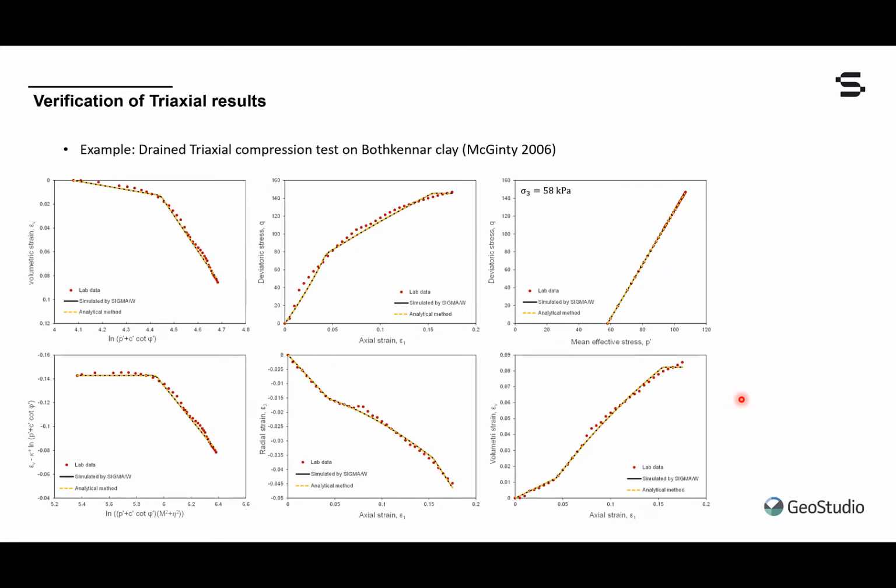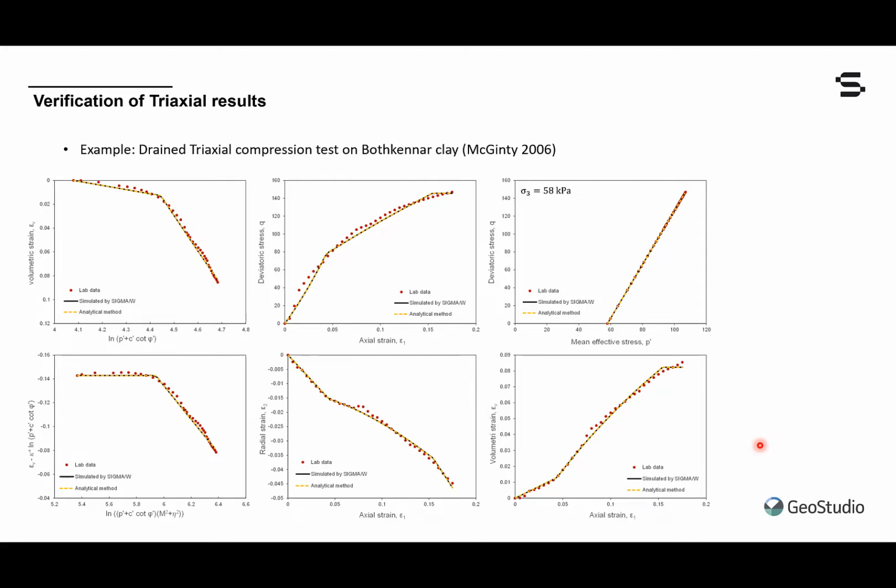The different simulation results of test A1 are compared here with the corresponding laboratory results. Discrete data points are laboratory results, and the continuous black lines are the result of the Sigma simulations. The analytical results of the soft soil model are also shown in the three diagrams as orange dashed lines.